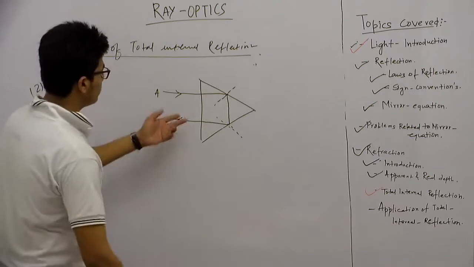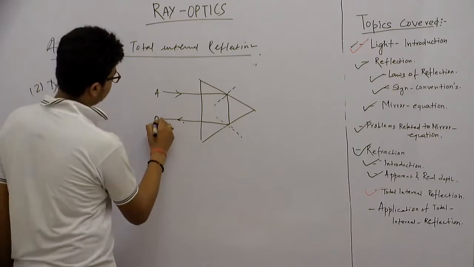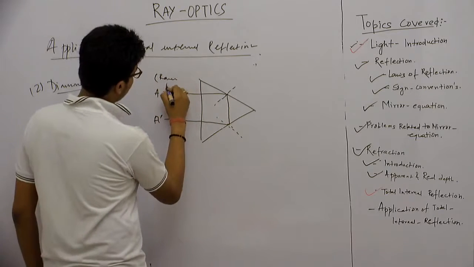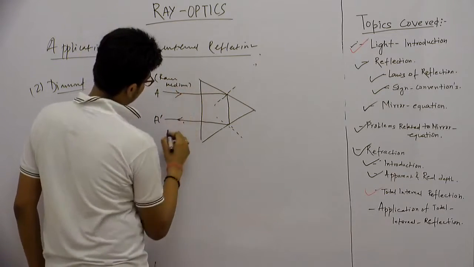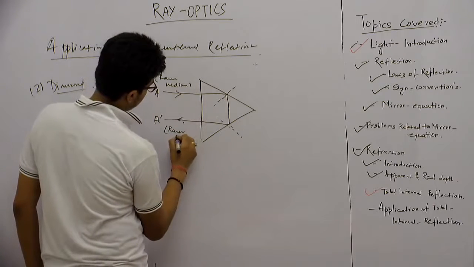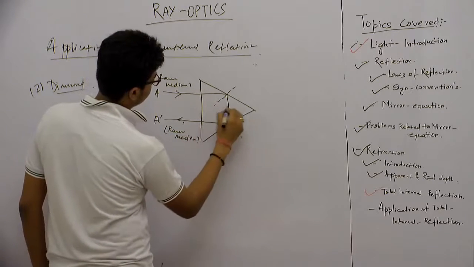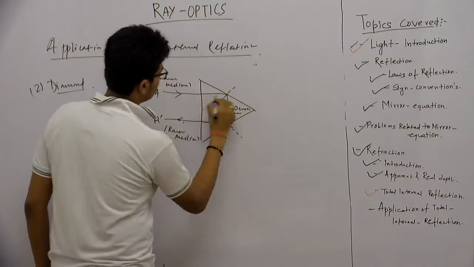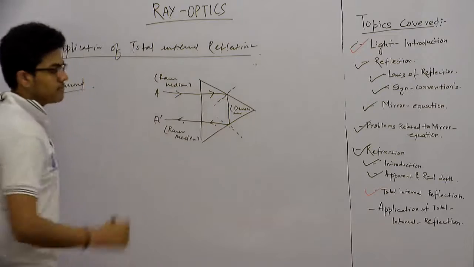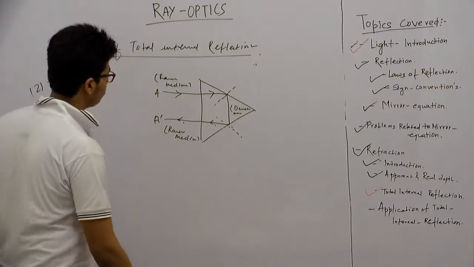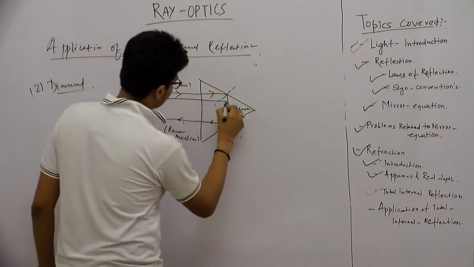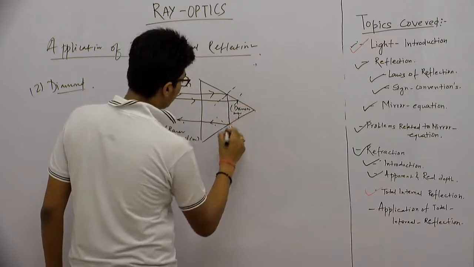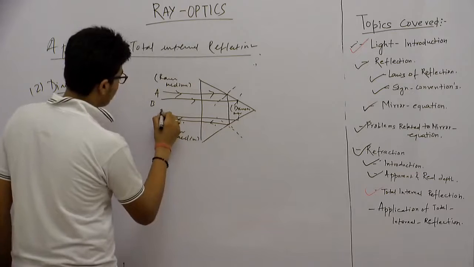So here we go, the light is traveling from rarer medium to denser medium. This is the rarer medium, and inside it, the diamond is a denser medium. Light strikes and comes back into the rarer medium. Suppose another light B is traveling from this direction and also follows the law of reflection at two surfaces and comes back as B dash.